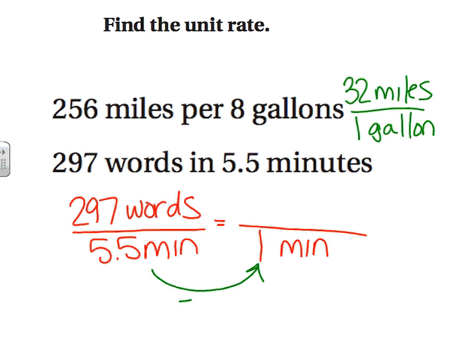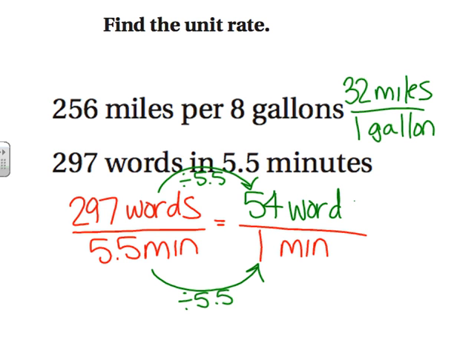I need to divide by 5.5 to get to 1. So I'm going to divide by 5.5 in the numerator. 297 divided by 5.5 is 54 words. So my unit rate would be 54 words per 1 minute.